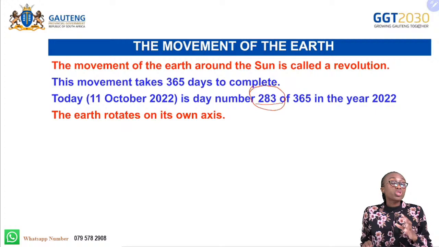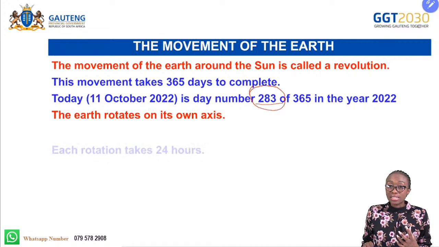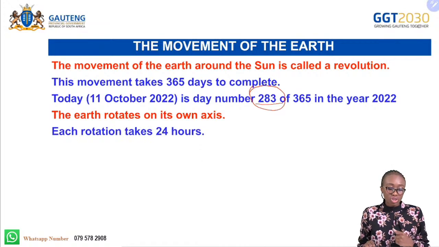But that's not the only movement that the earth does. The earth also rotates on its axis. But how long does that rotation take? Each rotation takes 24 hours.